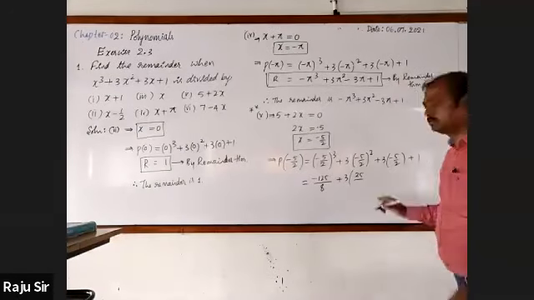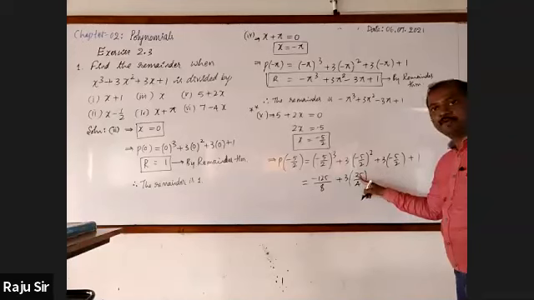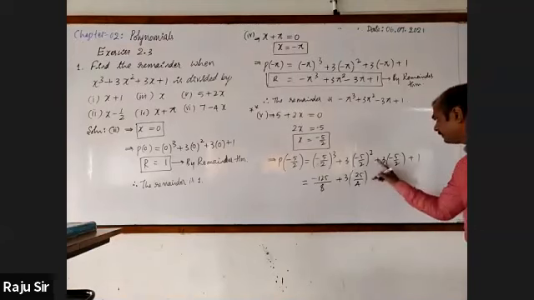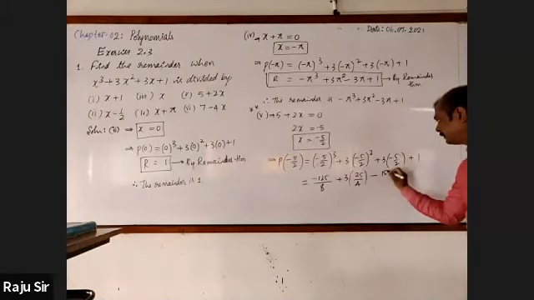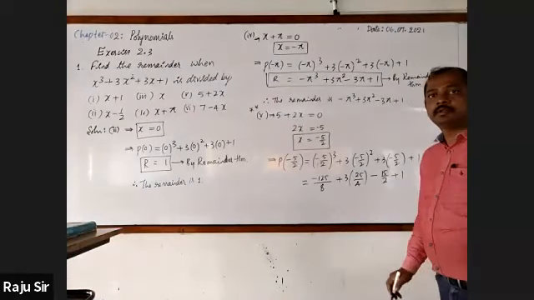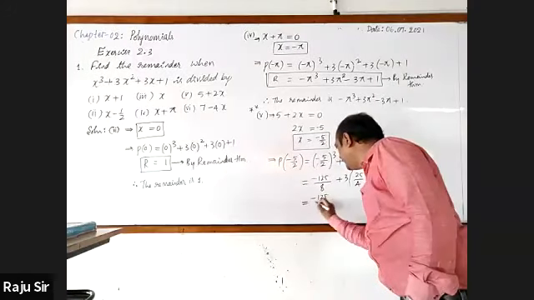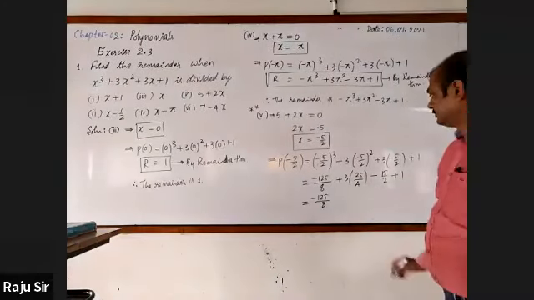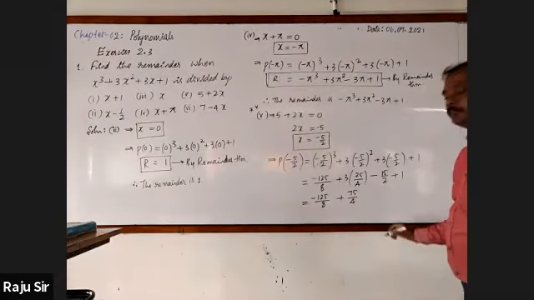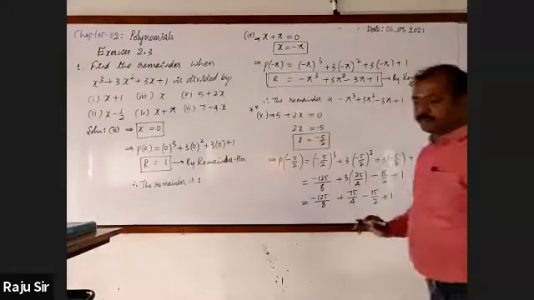It is 4 because minus 5 whole square is 25 plus 25, 2 square is 4. Next, further. Minus 15 by 2. Plus 1 as it is. Okay, carry on. Minus 125 by 8 plus 75 by 4 minus 15 by 2 plus 1. Yes, enough.